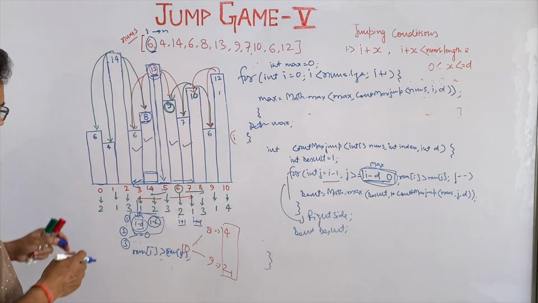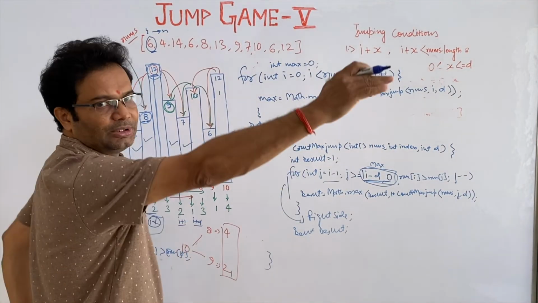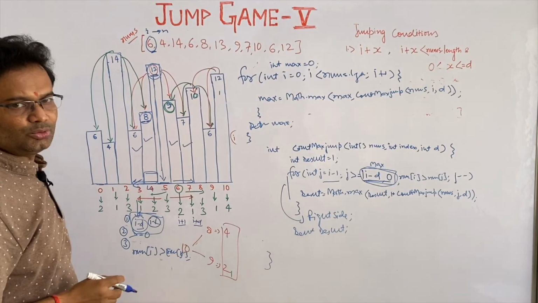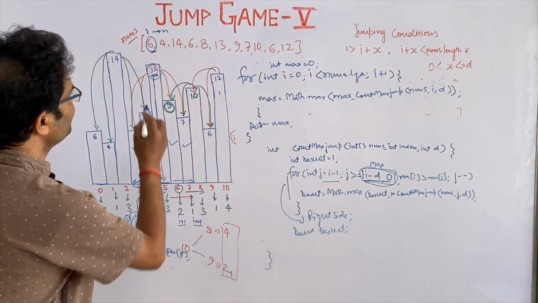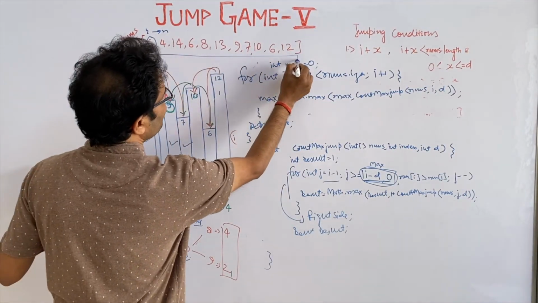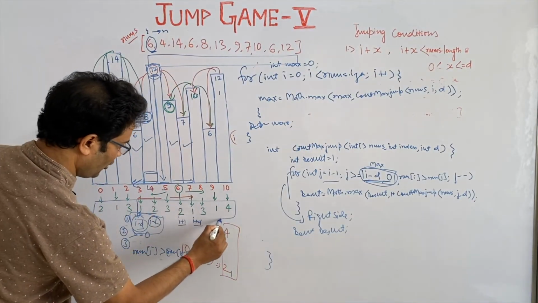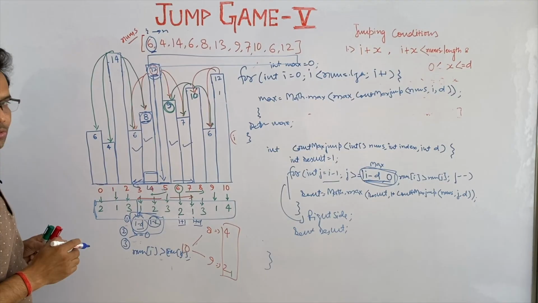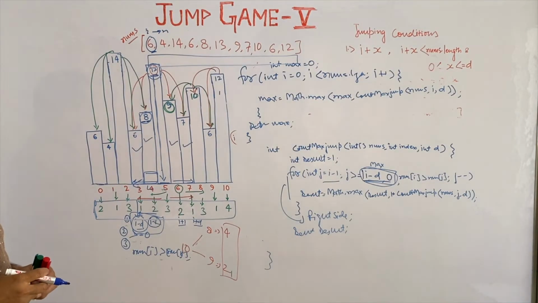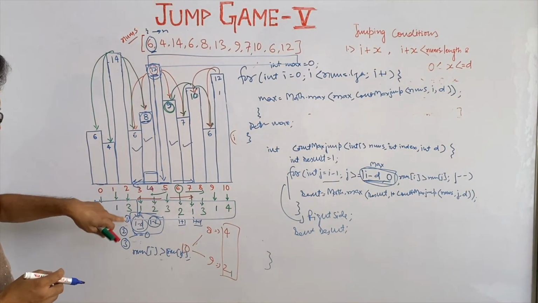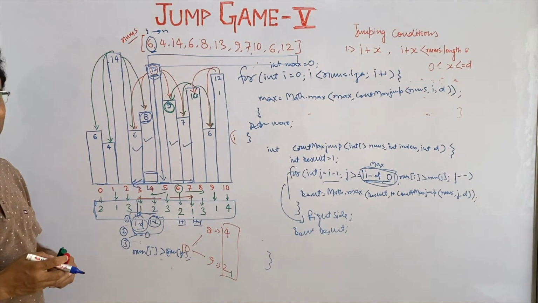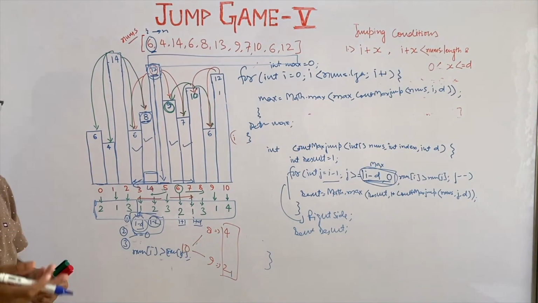But suppose this array is very big, 1000 elements, then you should use memoization. So you will create one array of the same size, and I will keep all the values. We should not again calculate the number of jumps for the particular indexes which we have already visited and calculated.